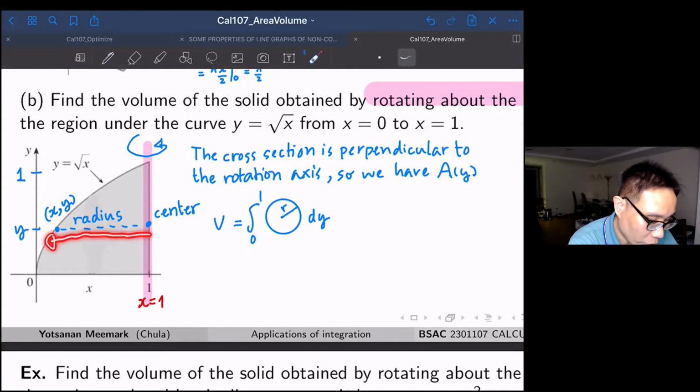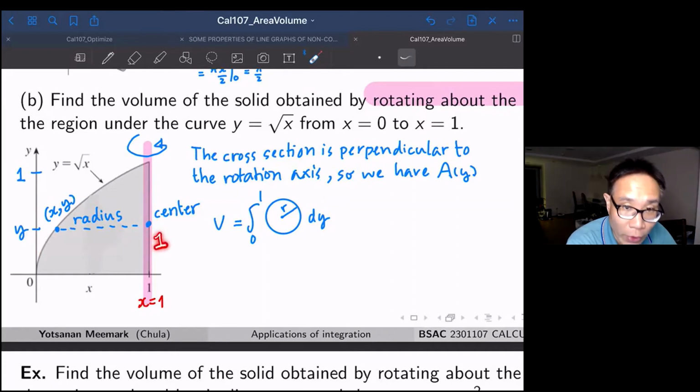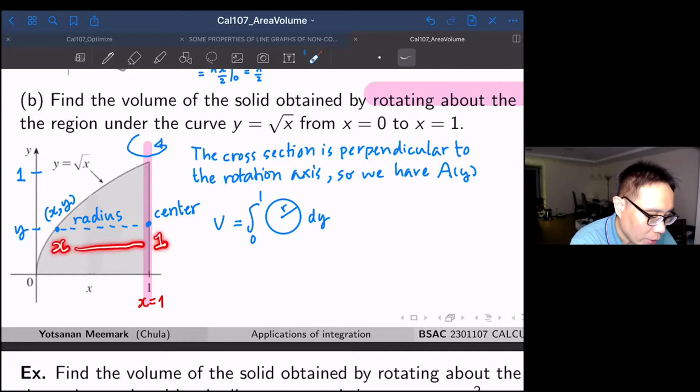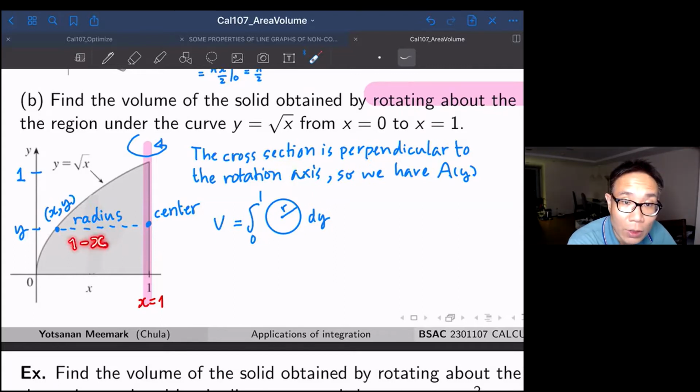In order to measure that distance, you're going to have 1, which is on the right, subtract your x, which is on the left. So the distance here is equal to 1 minus x. With me so far? You get 1 minus x from 1 on the right, subtract the point x on the left here.